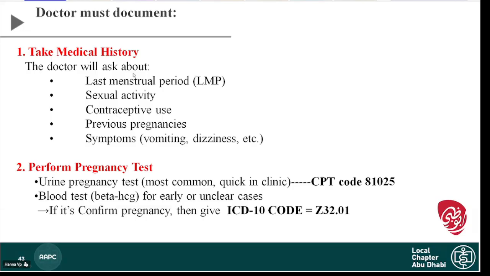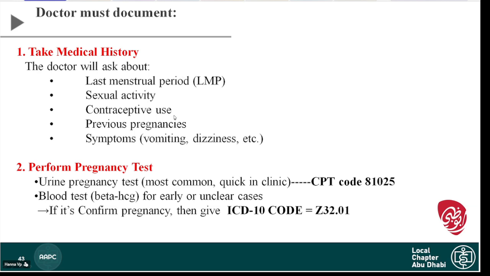The last menstrual period, LMP. Then sexual activity, contraceptive use, that means any medication or contraceptive pills used before, and previous pregnancy history, and symptoms also, like vomiting, dizziness, whatever the patient currently has. This is the first thing the doctors try to collect from the patients.